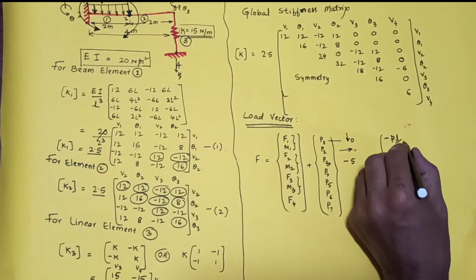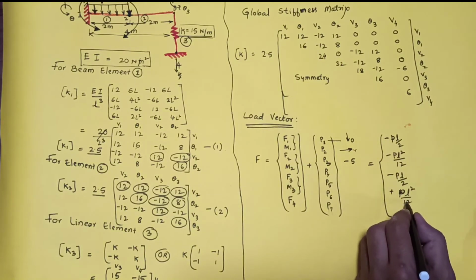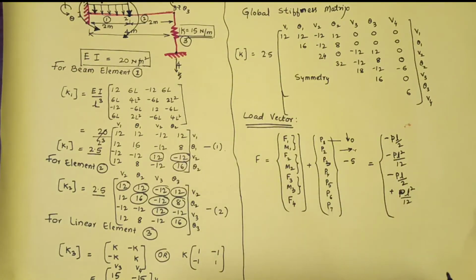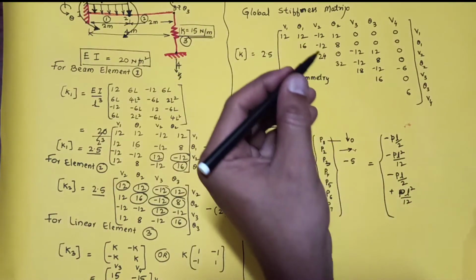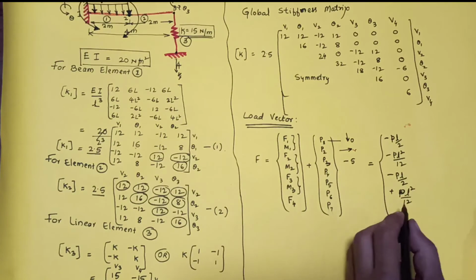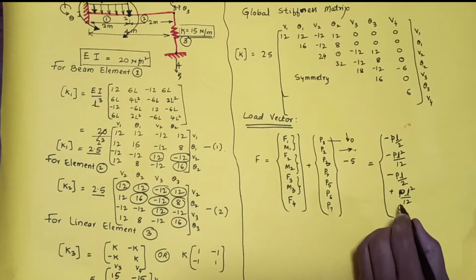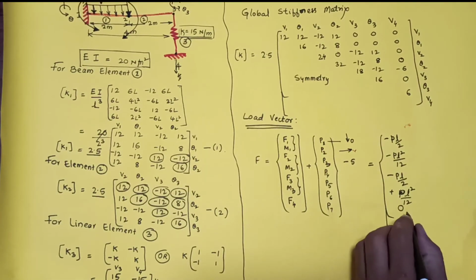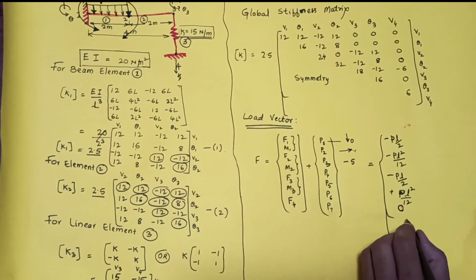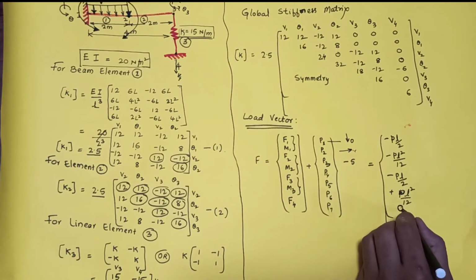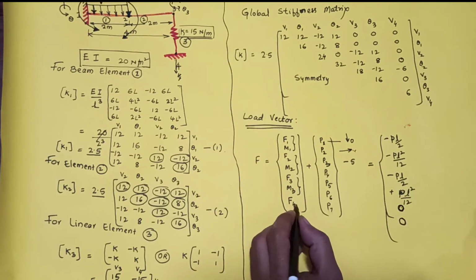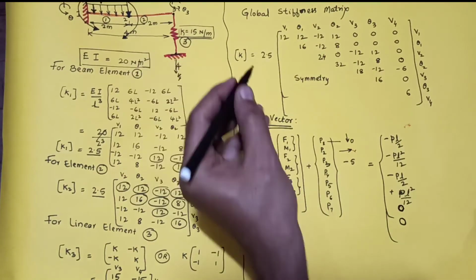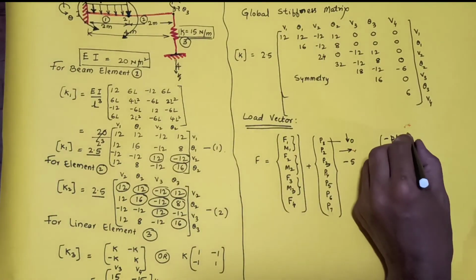So this is for node 1, this is for node 2, and at node 3 no forces are applied, so it will be 0, force F3 is 0, and bending moment is also 0. Now F4 is fixed, so there will be no forces.